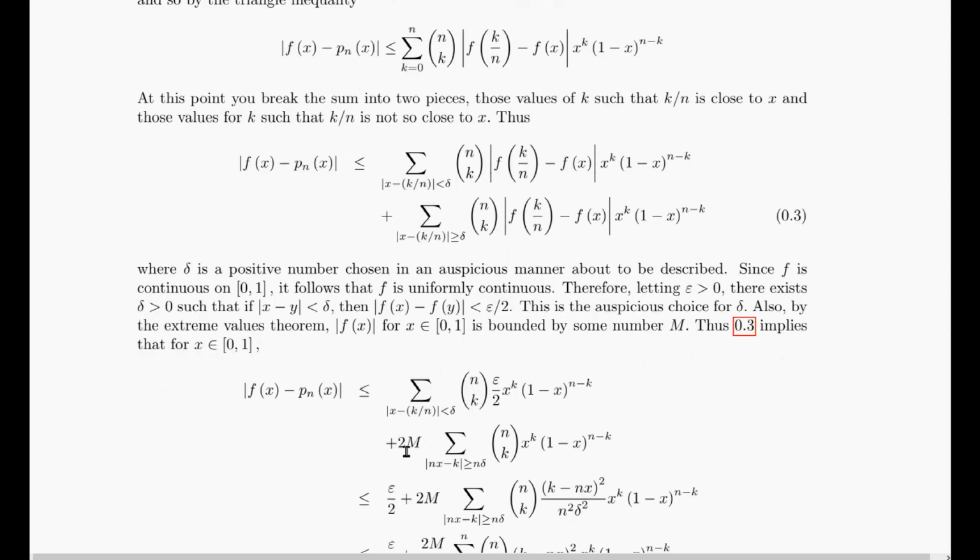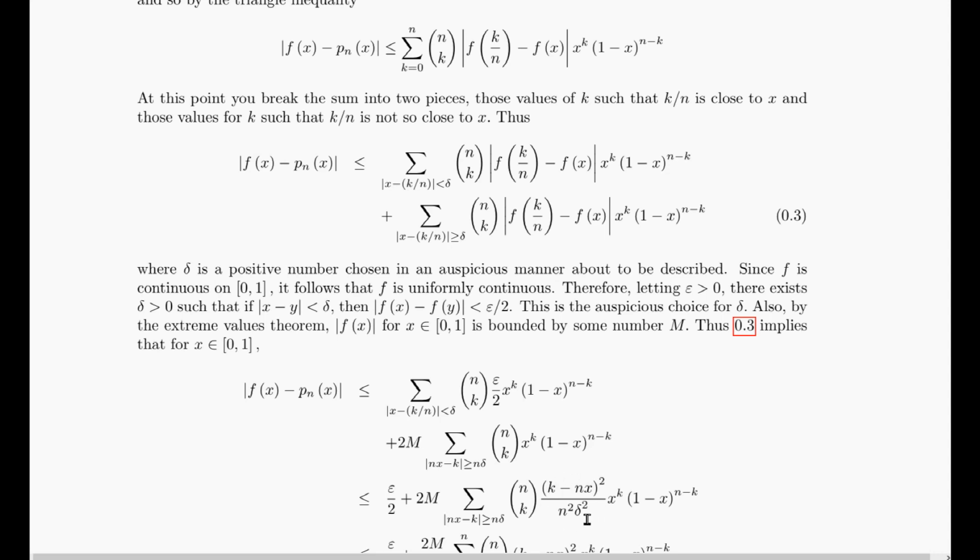All right, so I have 2M, and then I have this times this. And now what I will do here is I will multiply every term in this sum by something that is bigger than or equal to 1. And this is that thing.